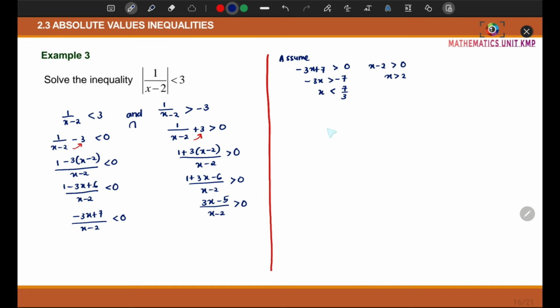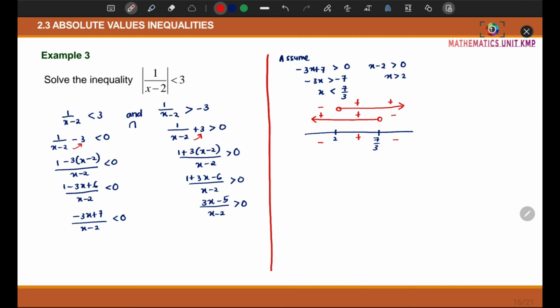So make a number line: 2 and 7/3. x less than 7/3 to the left, x greater than 2 to the right. Positive number line means that if there is a line, there is a positive sign. So positive, negative, negative: positive times negative, negative. Positive times positive, positive. Negative times positive, negative.